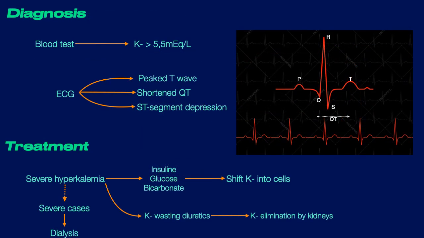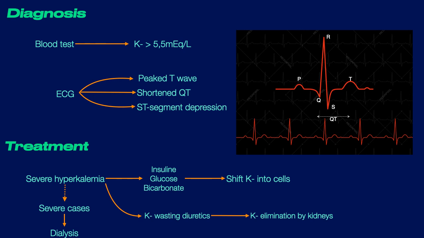Hyperkalemia is diagnosed based on the presence of an elevated potassium level in the blood. Okay, it's more than 5.5 milliequivalents per liter. It's also important to get an electrocardiogram, which typically shows a peaked T wave. Now in this drawing, I forgot in the last one, but in this image I named the different waves, so you have some idea, although we will go through all these in the heart lecture.